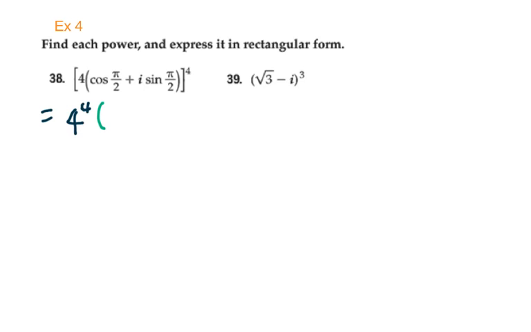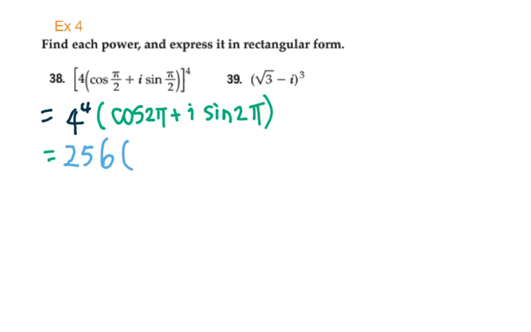Then we get cosine pi over 2 times 4, which will be 2 pi, plus i sine 2 pi. So we got 256 times 1 plus i times 0.